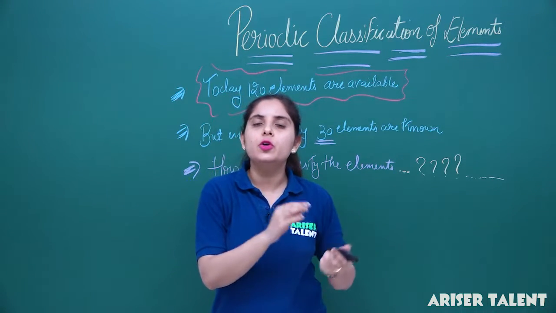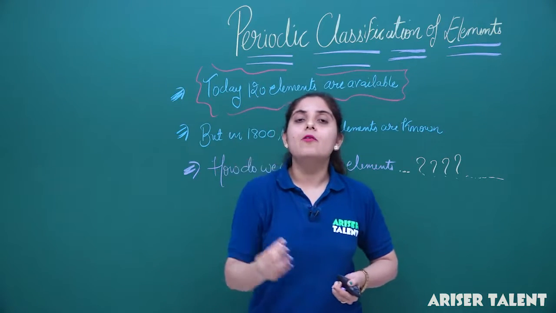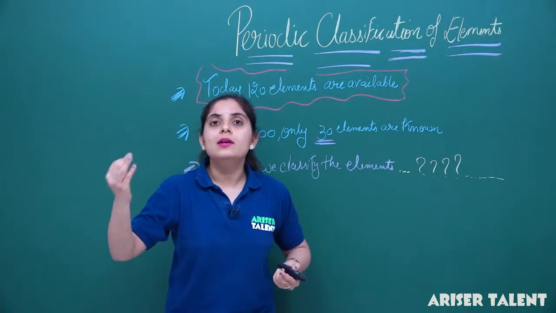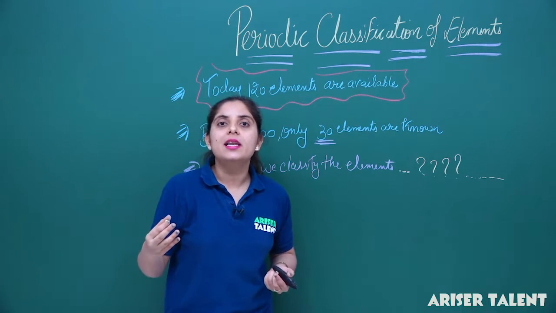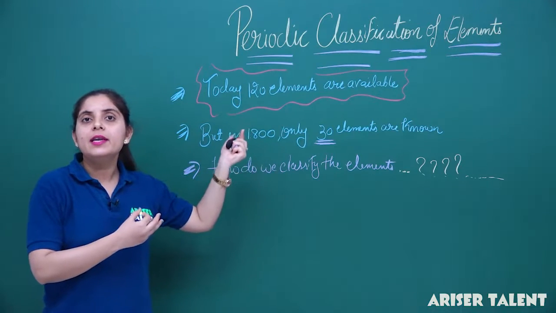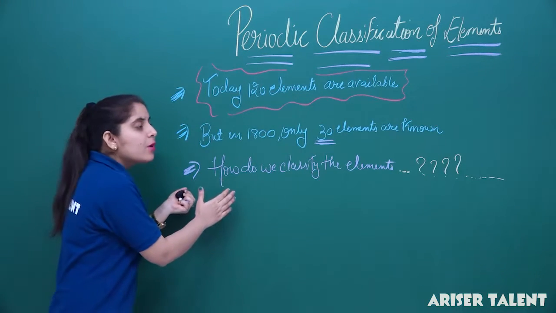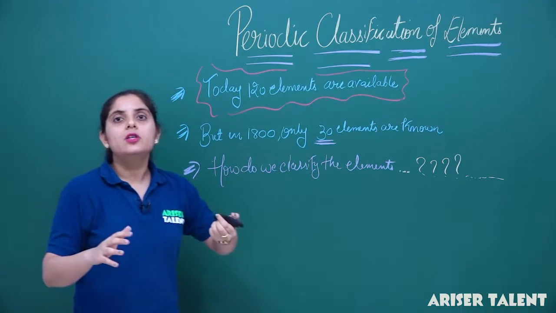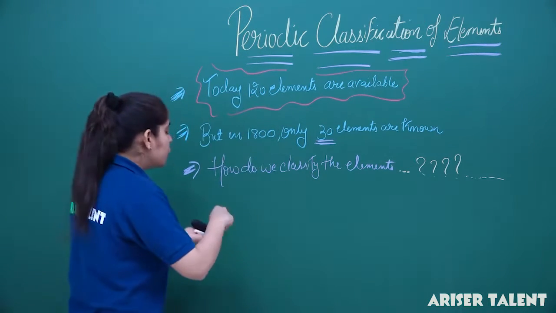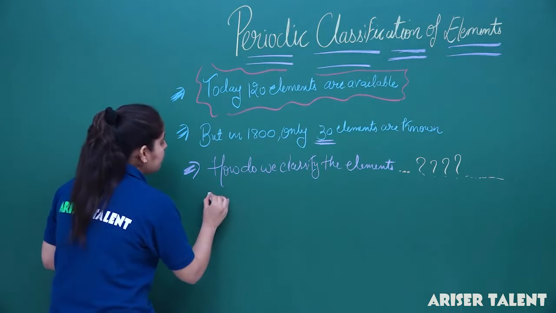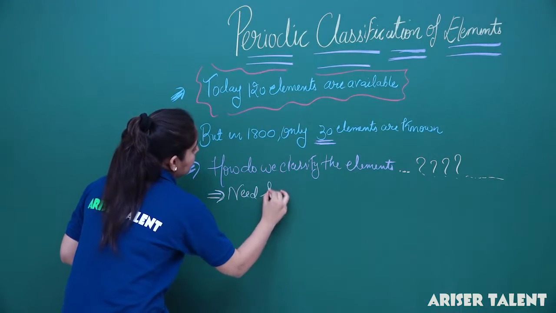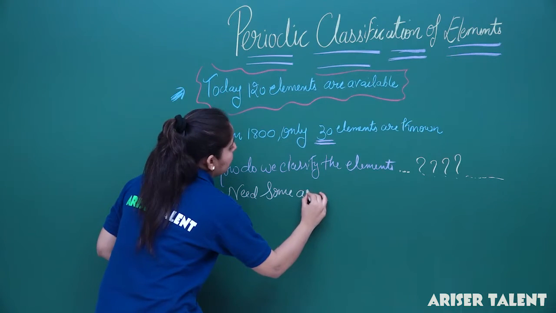Before the 18th century only a few elements were known, but after that many more elements were discovered. We have to learn the physical and chemical properties of such elements, and it becomes quite difficult to learn the properties of 120 elements. So we need to classify the elements in some order, so it is easy to learn about their physical properties.